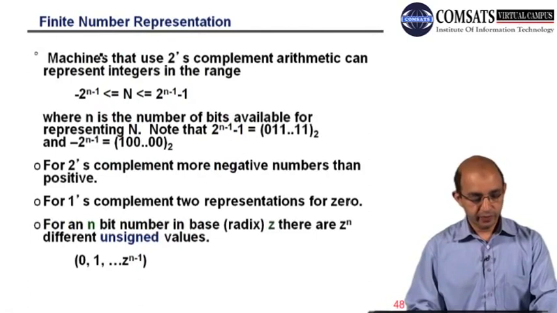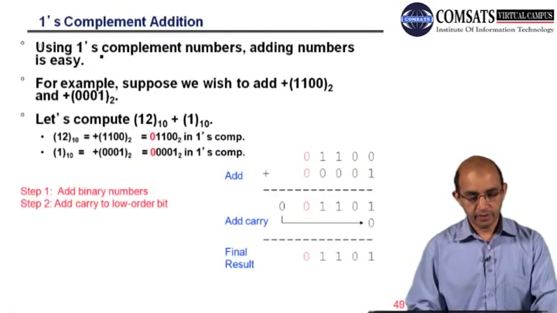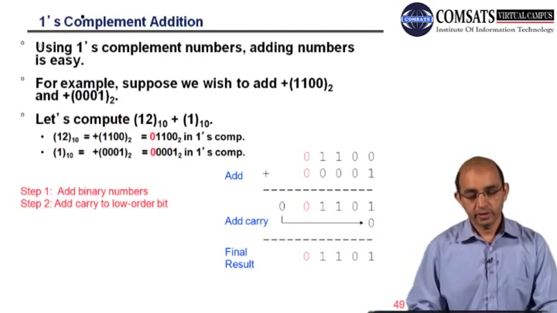So here we have the finite number representation. Now let's talk about addition by using 1's complement. Here we have no sign bit. This is 12, 1 1 0 0, because we don't have any sign, and this is 0 0 1.